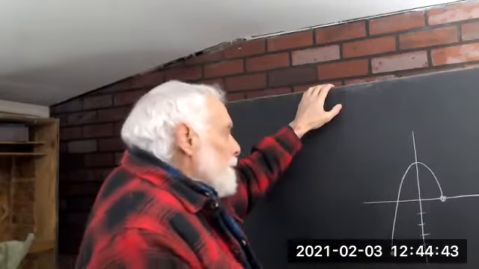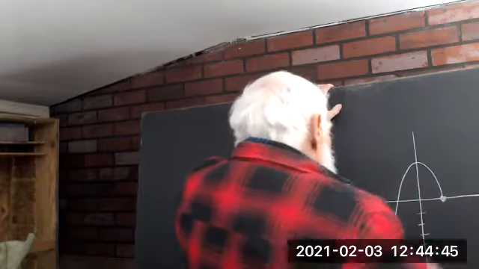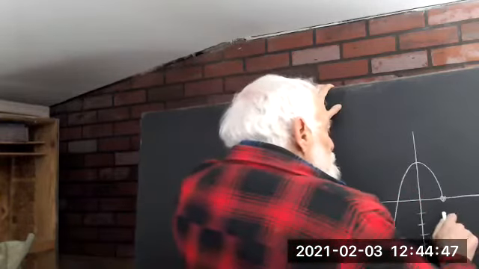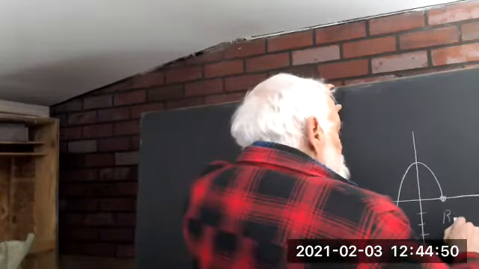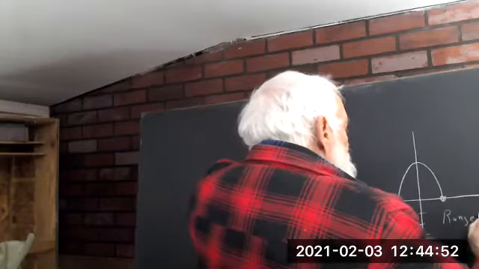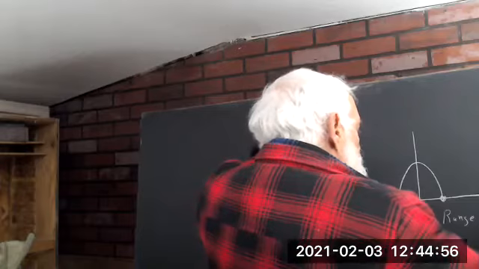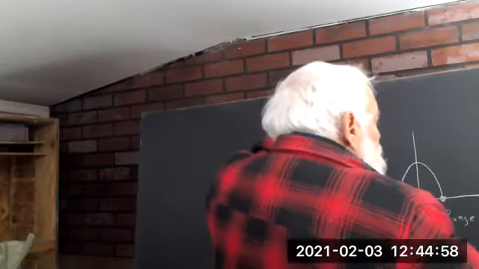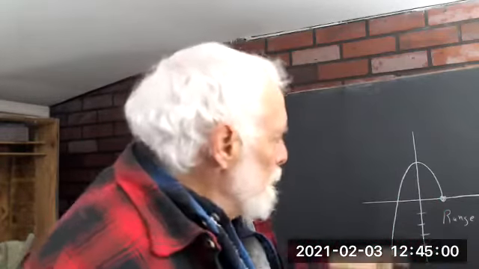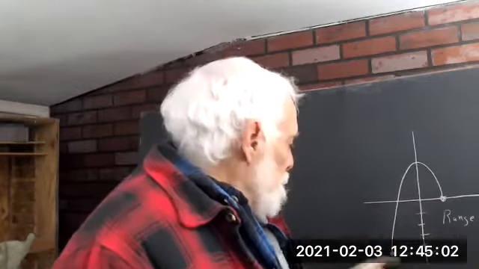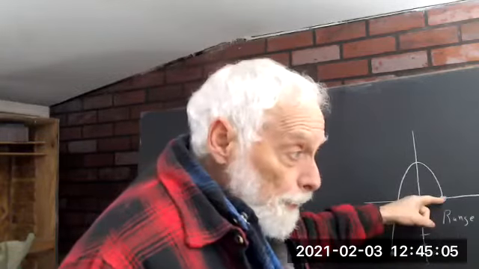So that's about -5, okay? And then up here, and you gave the range is -5, 0. Because of course it starts at -5 and it goes up to 0.